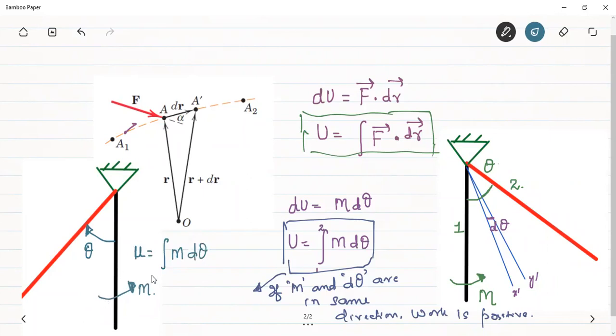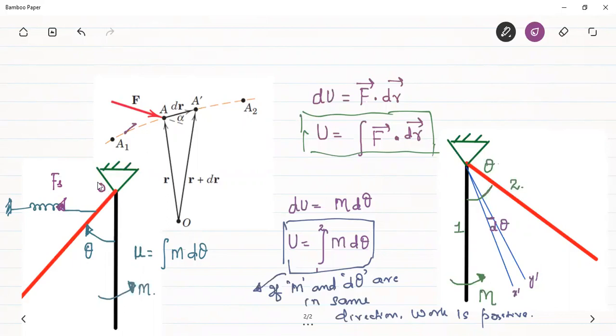Although the moment is acting in the anti-clockwise direction, there might be another element. Suppose there is a spring connected to this rod, which is exerting a spring force, suppose Fs, in this direction. Although you are applying a moment in the anti-clockwise direction, this spring force is creating a clockwise moment about this hinge. So definitely the moment produced by this spring would have overpowered the applied moment, isn't it?